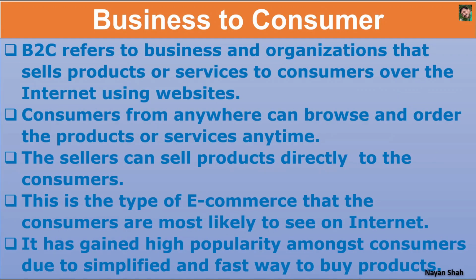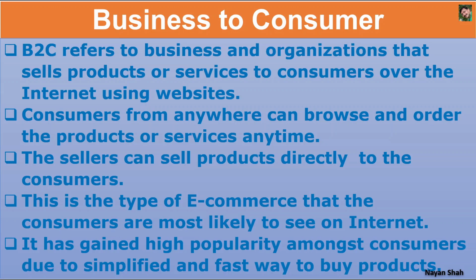The first one, business to consumer, B2C. The B2C model refers to businesses and organizations that sell products or services to consumers over the internet using different websites. As you understand, Amazon, Flipkart, Snapdeal, all these are B2C, business to consumer websites. Consumers from any part of the world can browse and order the products or services anytime.